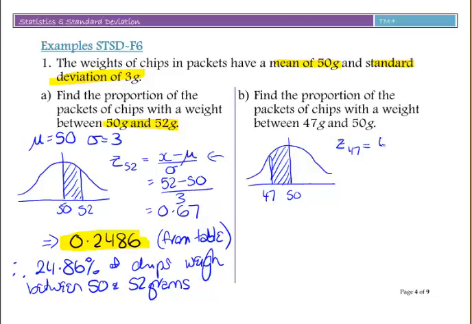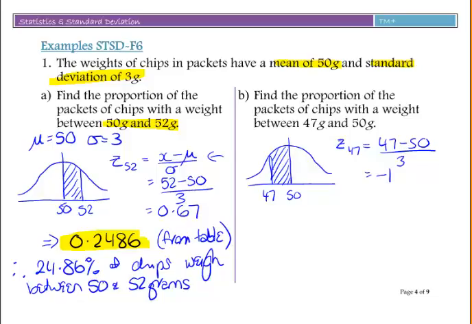So I've got my score, which is 47, minus my mean, all over my standard deviation. And that gets me -1. So I'm 1 standard deviation below the mean. Now you might recall from when we were looking at our areas on either side of the curve that 1 standard deviation above or below is 68%.